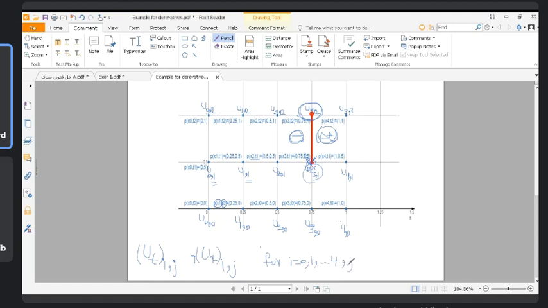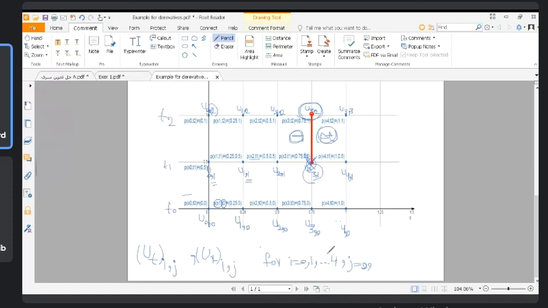And J is the index for T. J is the index for T and starts from 0 until what? For J we have 2. T0, T1, and T2, okay?